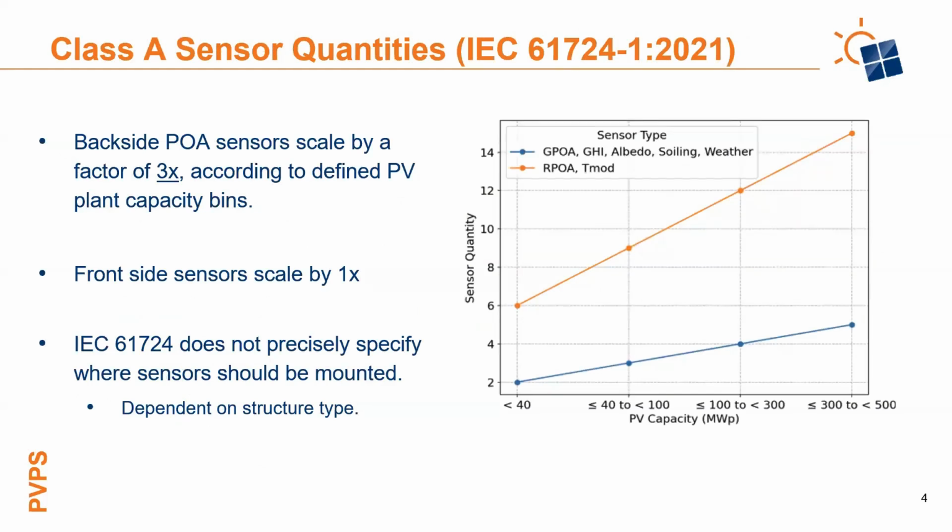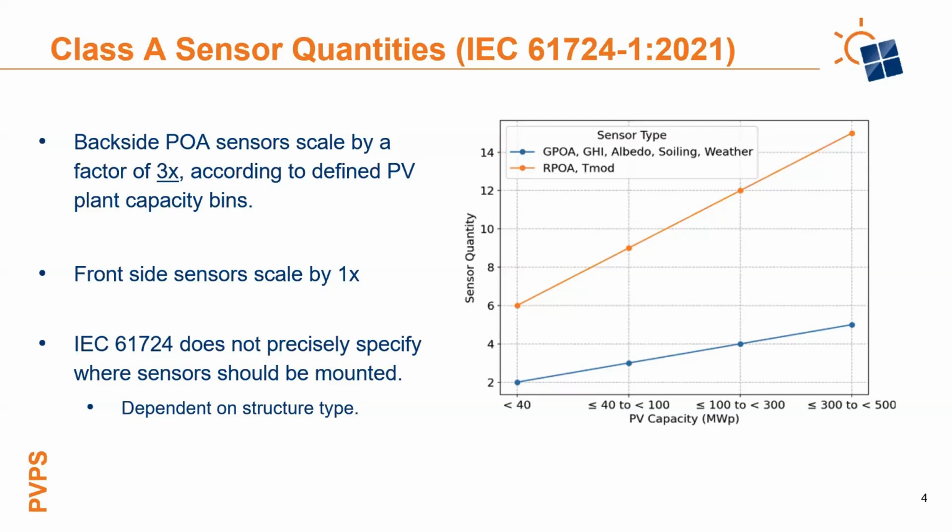So this graph shows how the quantity of different sensor types scales with PV plant capacity for Class A systems. And what you notice in the difference between the orange line, which is rear irradiance and back of module temperature sensors, versus the blue line, which is all other sensors, is a factor of 3 more.